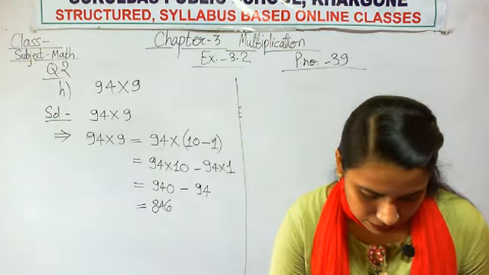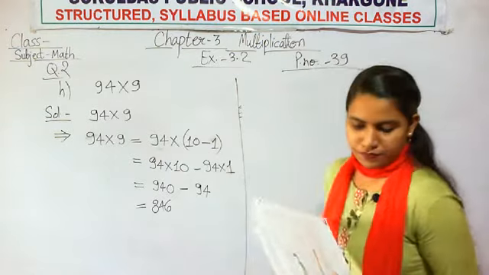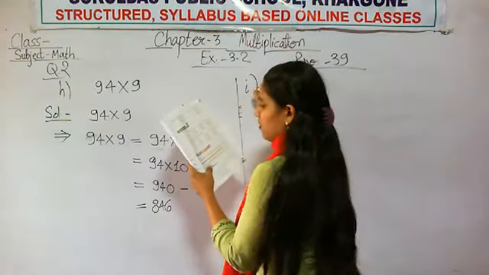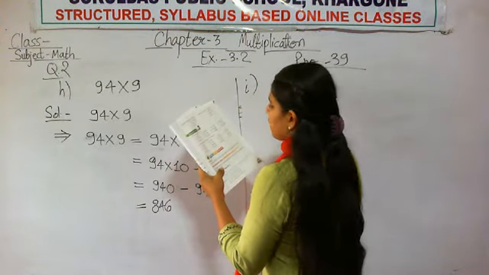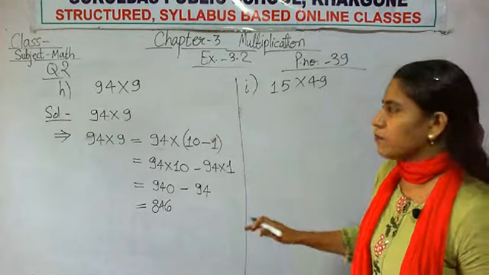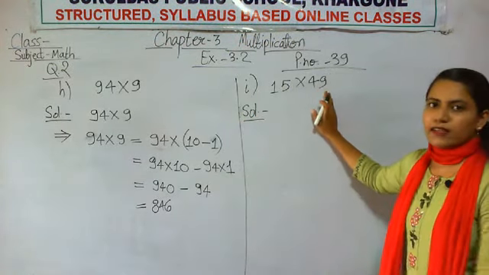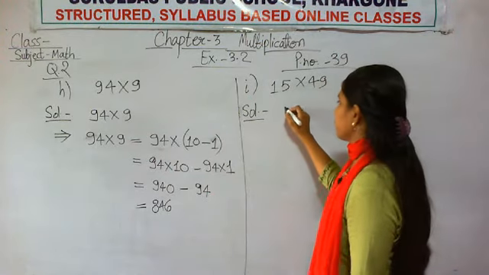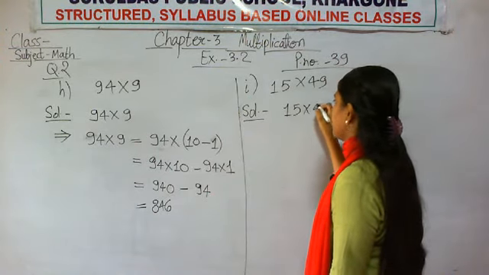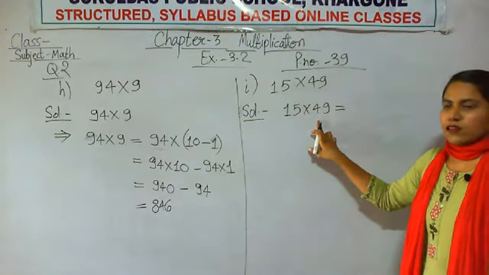Okay, let us do part I, which is 15 multiplied by 49. Here also you have to do smart multiplication. So how can you write this 49? Can I write it like 50 minus 1? Yes.